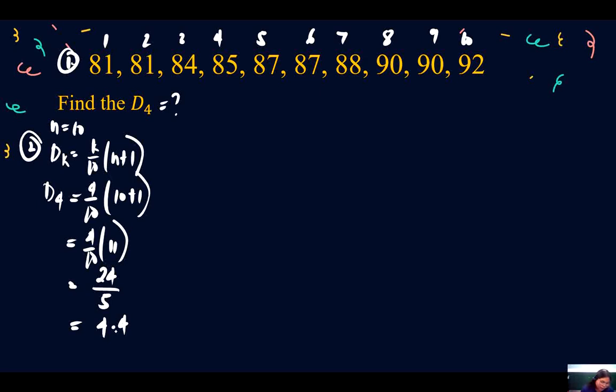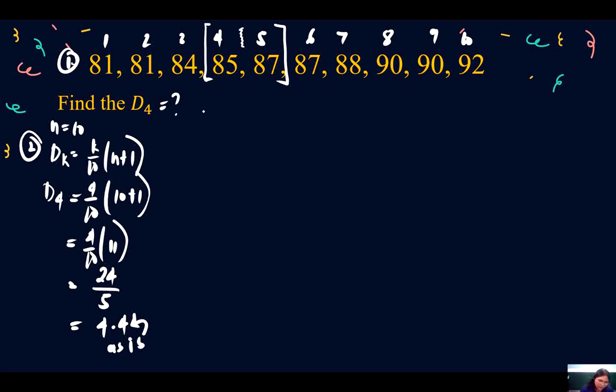Do not round off, do not round up and down, as is. As is. Kasi we are looking for the exact location. Ngayon, in terms of position, nasan si 4.4? Ibig sabihin, nandito siya. So, gagamitin natin si fourth position siya kasi 5 position.